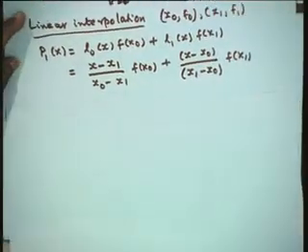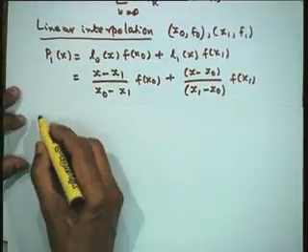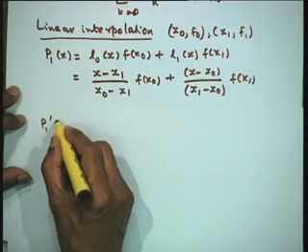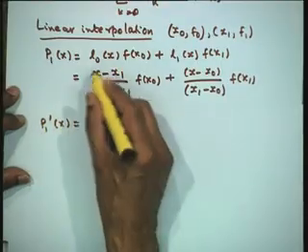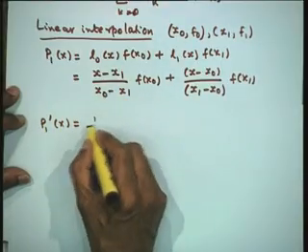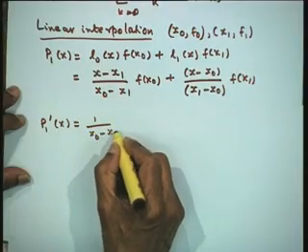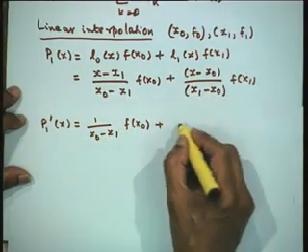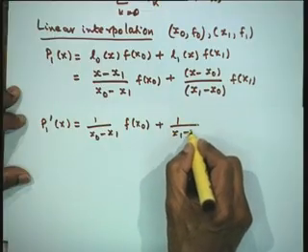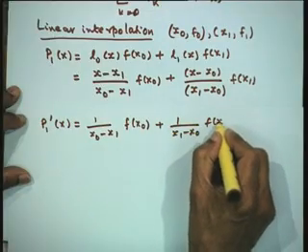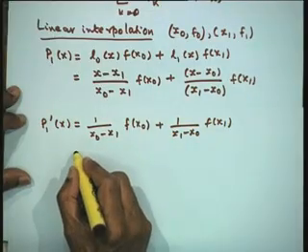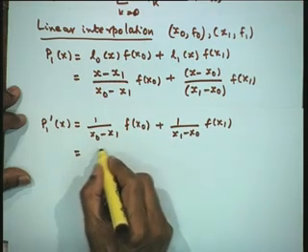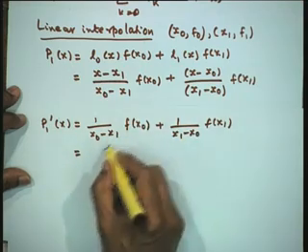Now, let us differentiate it. If I differentiate it, p 1 prime of x is equal to 1 upon x naught minus x 1 times f x naught, plus 1 upon x 1 minus x naught times f of x 1, which I can write by taking x 1 minus x naught common.